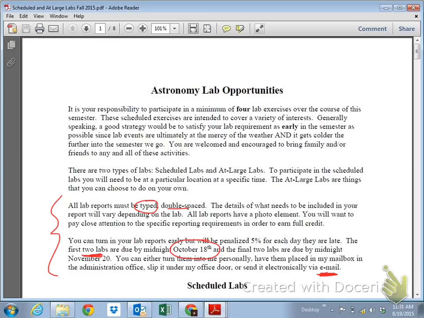Because honestly, the problem we run into is as we get closer to December, the end of the semester, it gets cold. And it isn't nearly as fun to observe the stars when you're going like this. Then the other 2, also a Friday, I think the Friday before Thanksgiving, November 20th. You need to have your other 2. So just 4, which isn't too bad.